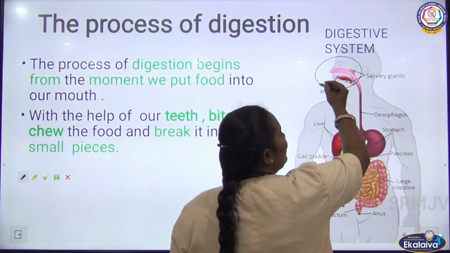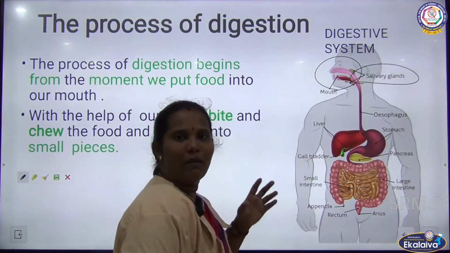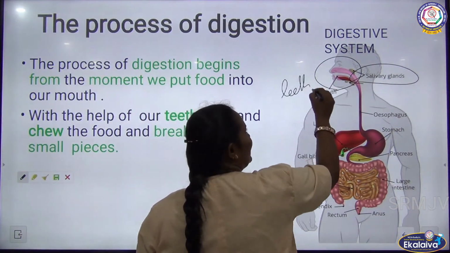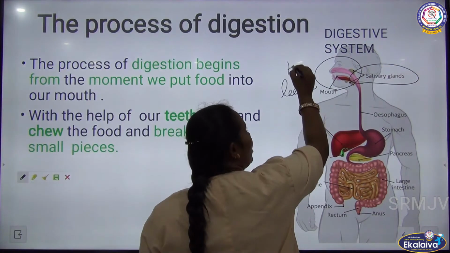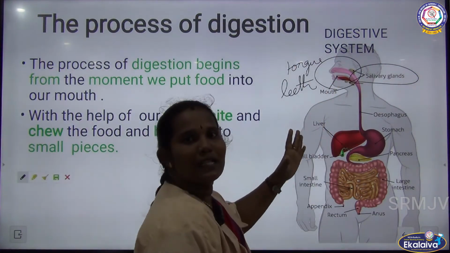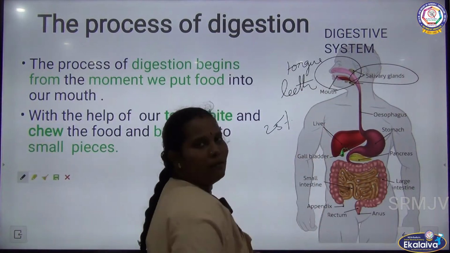We have 3 salivary glands present in our mouth, and then we have the teeth. Next we have the tongue also in the mouth. These 3 things help in 25% of the digestion happening in the mouth.